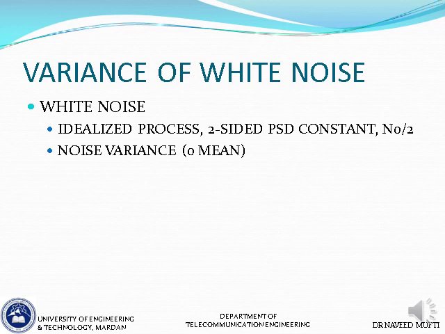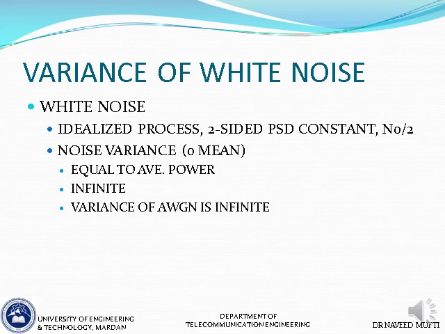Hence, since the noise is zero mean, the noise variance, or the average noise power, is basically infinite. That's what we discussed previously as well. Although the variance for AWGN is infinite, the variance of filtered AWGN is not infinite.